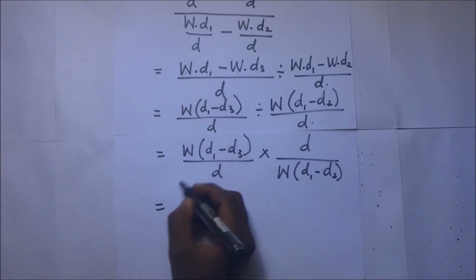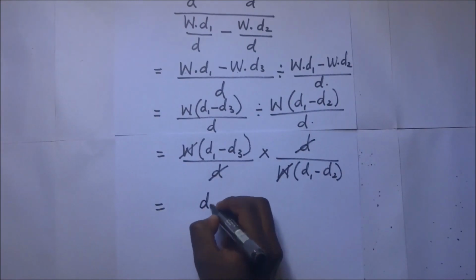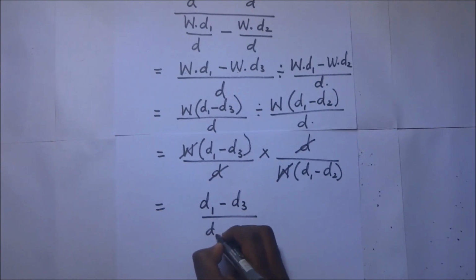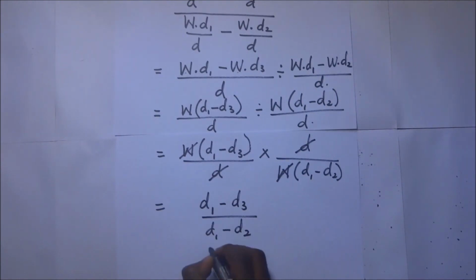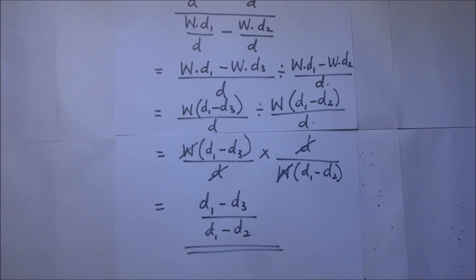And this W cancels with that one, this D cancels with that. We end up with an expression as D1 minus D3, divided by D1 minus D2. And with this expression, we are able to measure the relative density of a liquid using a balanced lever.